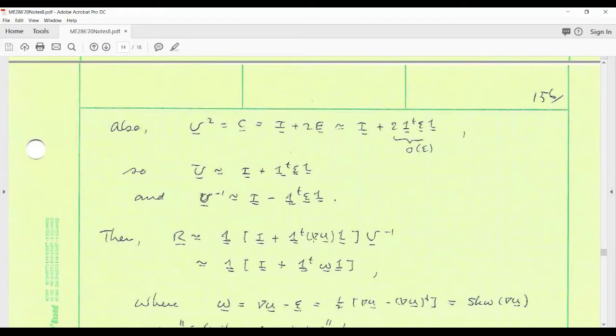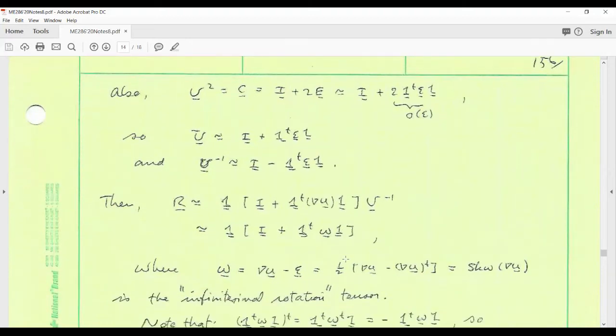Here's our approximate F, then we post-multiply by U inverse, which is this. Carry out the product, and you get approximately this, where omega is the grad u minus the epsilon.